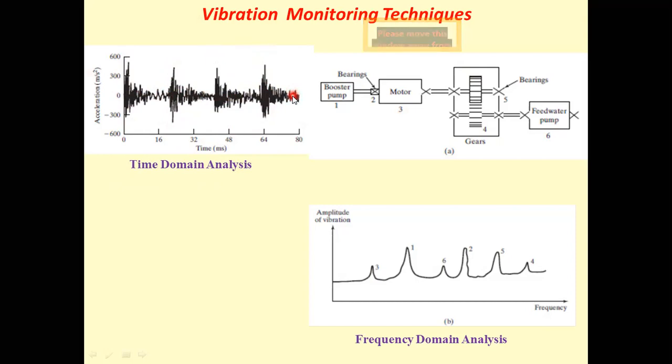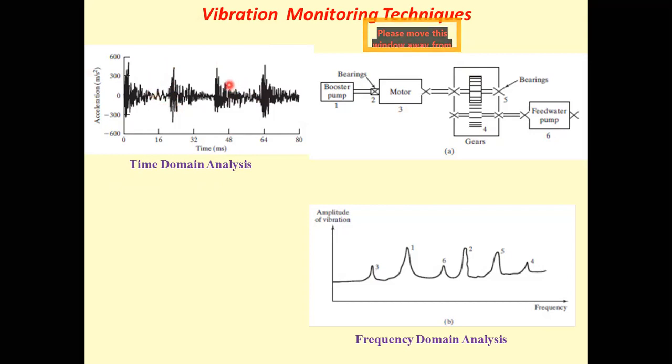So defects such as broken teeth in gears, or cracks in inner and outer races of bearings, can be identified easily using this waveform of the casing of the gearbox.